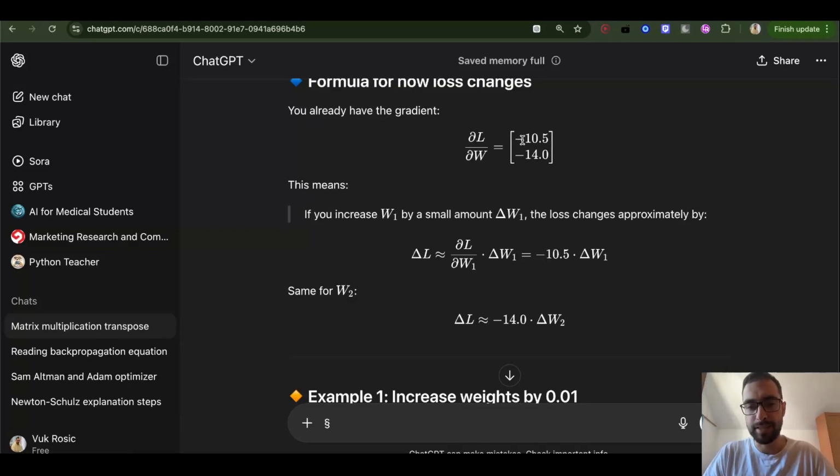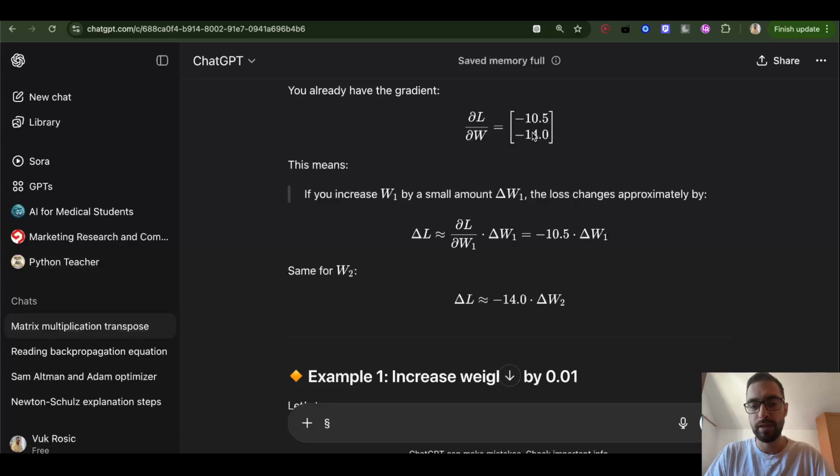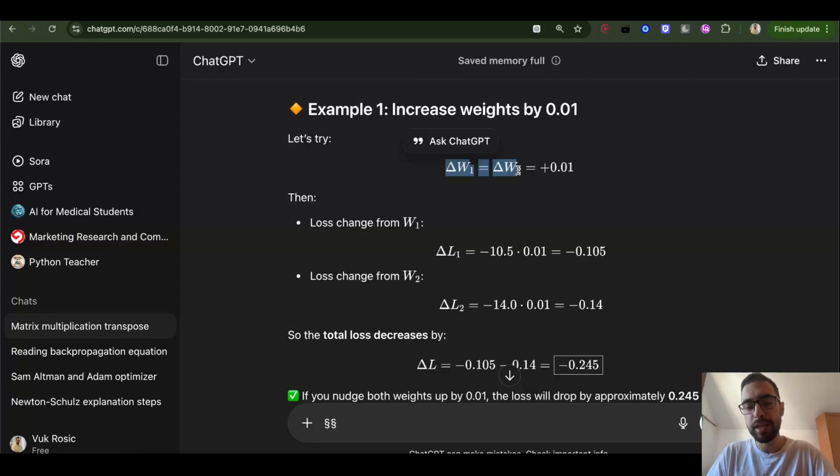The first one says if we increase w1 by some small amount, the loss will change by minus 10.5 times that amount, so it will decrease because it's minus. And the same for the second weight: it will decrease by 14 times that small amount that we increased w. Now let's say we change both of the weights, and we add 0.01 to both of them.